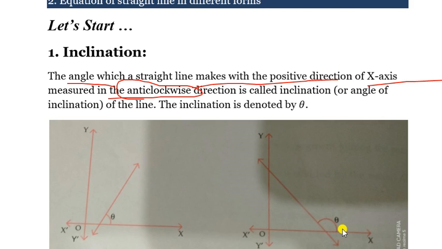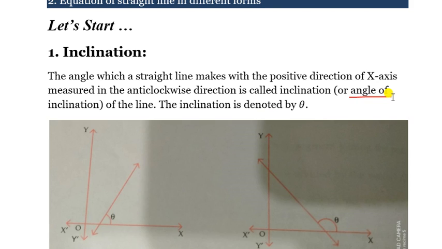That means from this given figure, you have to measure always from this side, anti-clockwise. It's called inclination, and it's denoted by theta. It's also called angle of inclination.